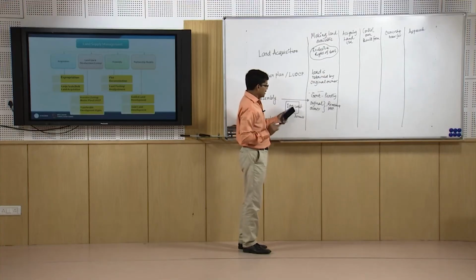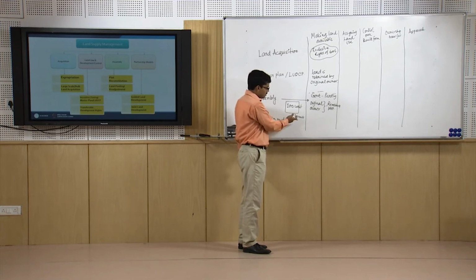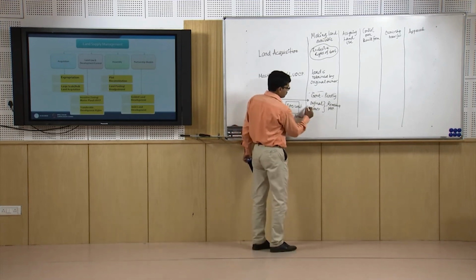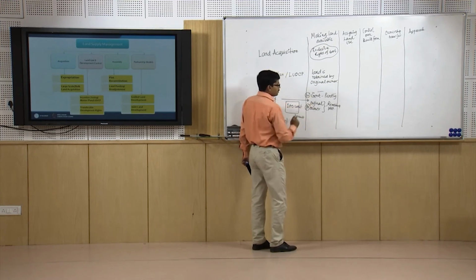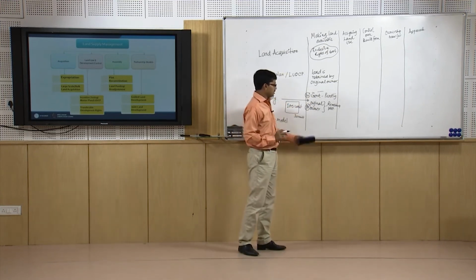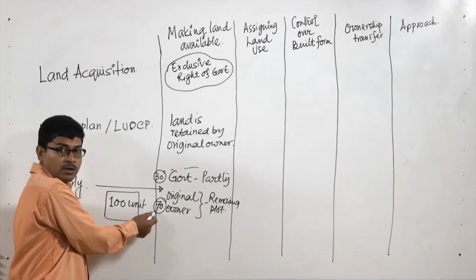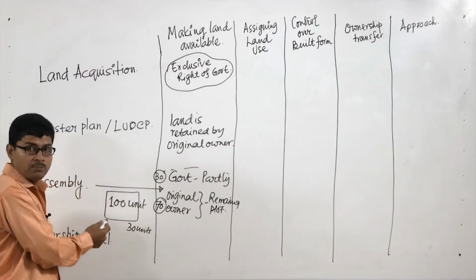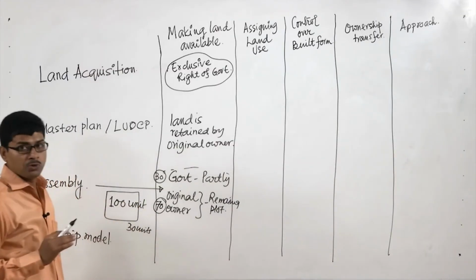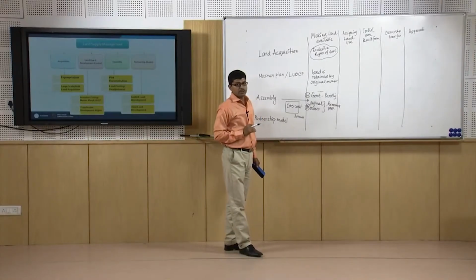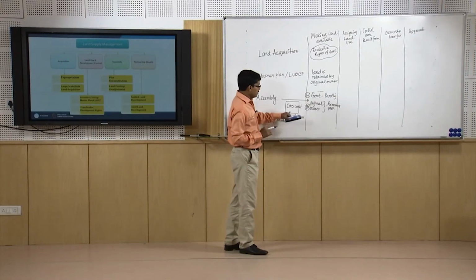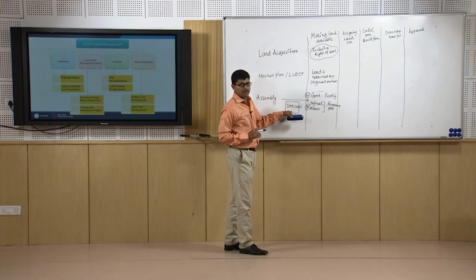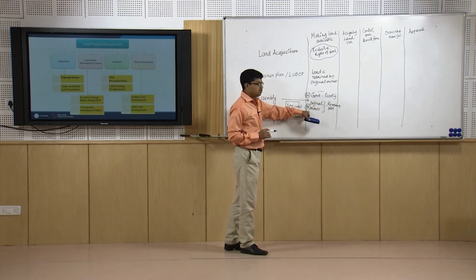So, government can take that 100 units of land and provide the service and utility in 30 units, and the remaining 70 units can be given back to the owner. So, the advantage for the private owner is that they are getting 70 units from their original 100 units, but these 70 units are much better in quality in terms of service facility. So, in place of 100 units of raw, undeveloped land, they are getting 70 units of developed land.